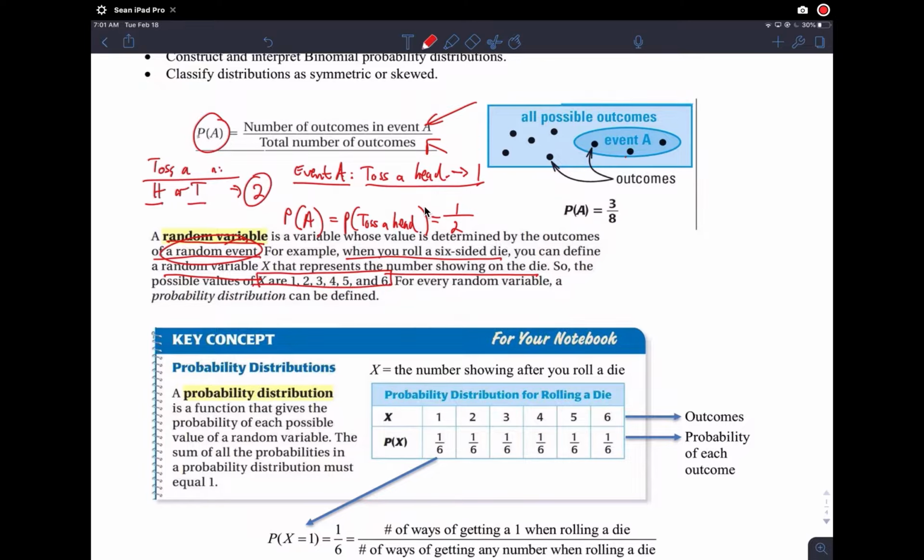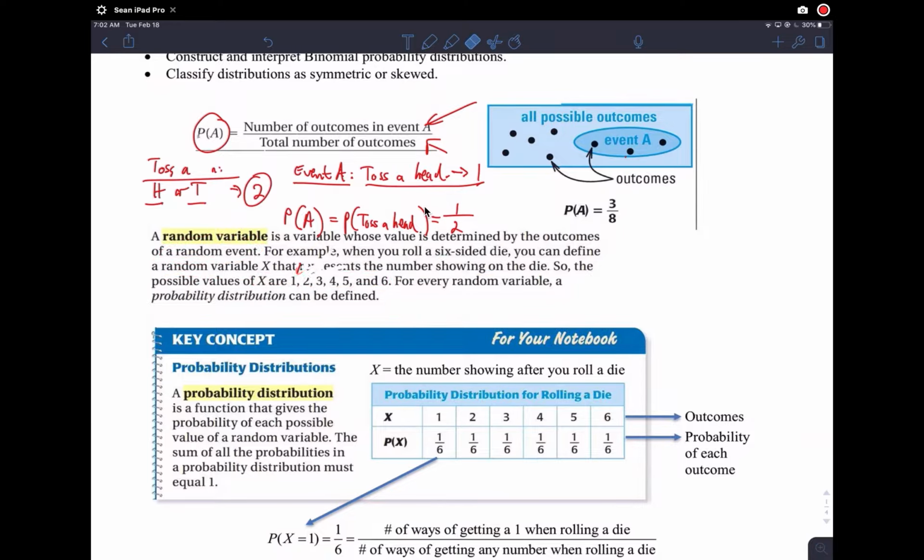I can get a 1 or a 2 or a 3 all the way up to 6. All right, and those are the values that the random variable can take on. And again, it's a random variable because rolling a die, we're calling a random process because we don't know what the outcome will be of rolling a die, and in this case for a die, each outcome is equally likely. Okay, so that's what we call a random variable.